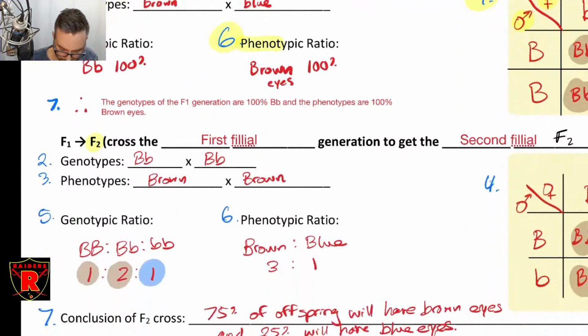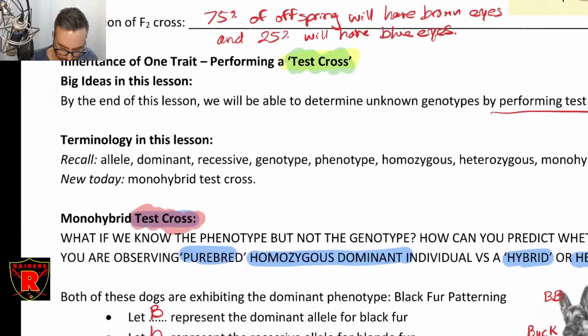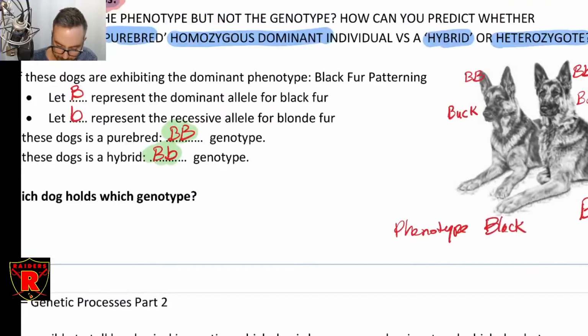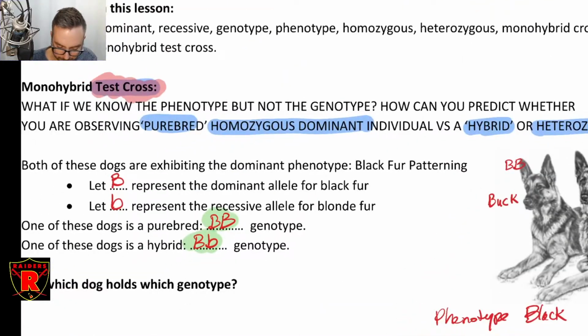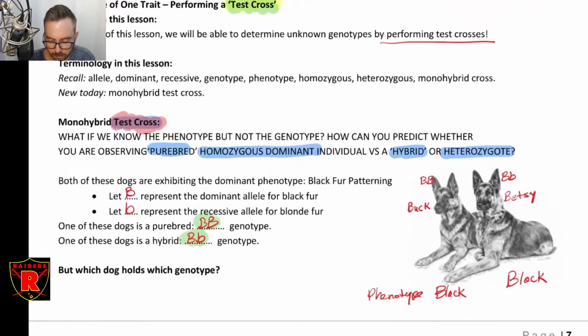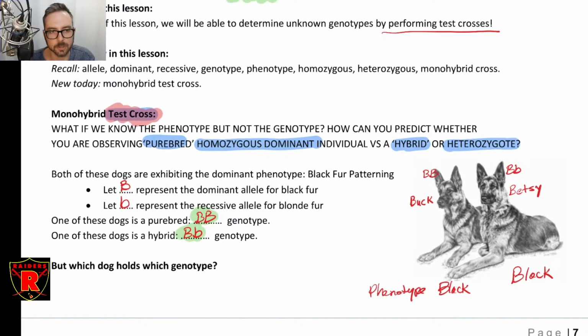And so we're gonna run through a couple of these together, and then we're going to look at a strategy for determining whether or not an organism is a purebred. That is, they have, and typically purebreds are homozygous dominant. So we're going to be looking at this idea of, is an organism homozygous dominant?